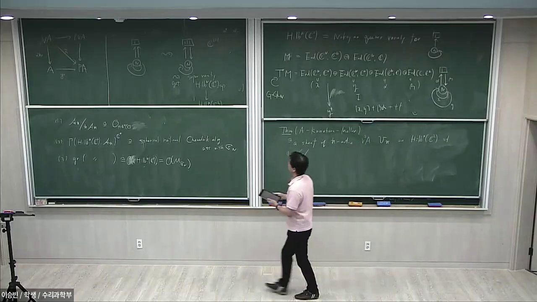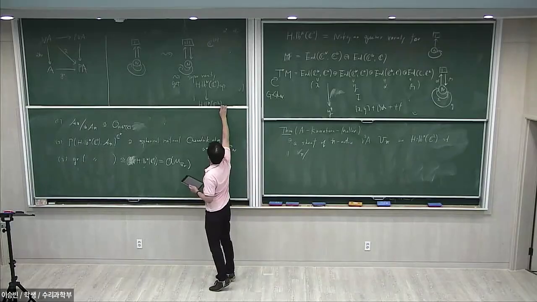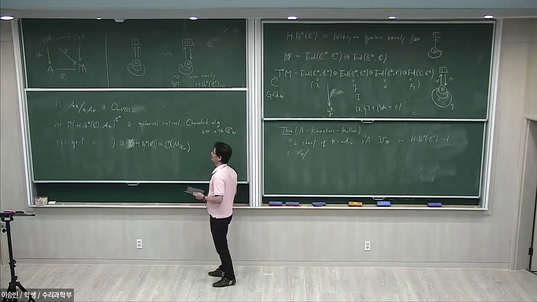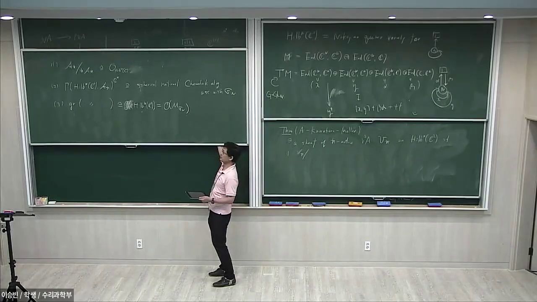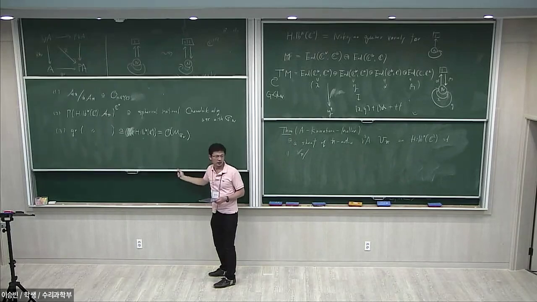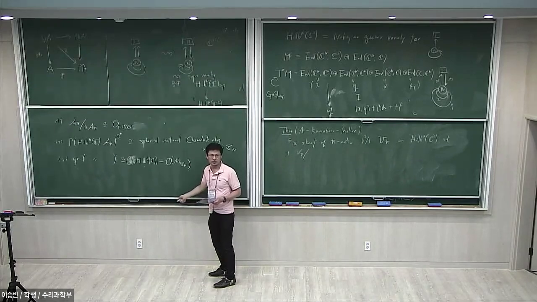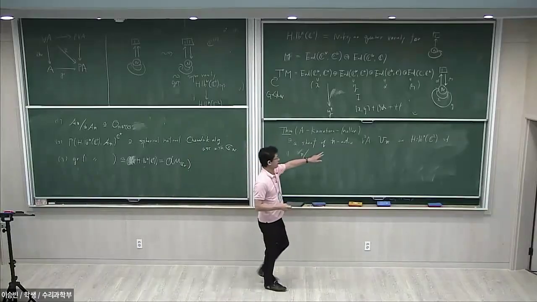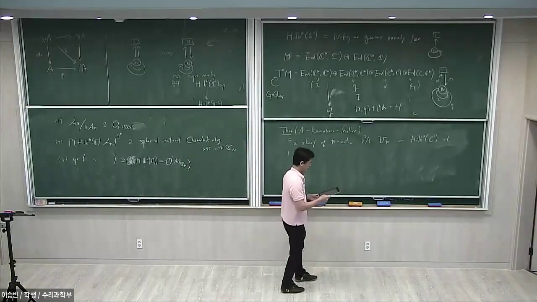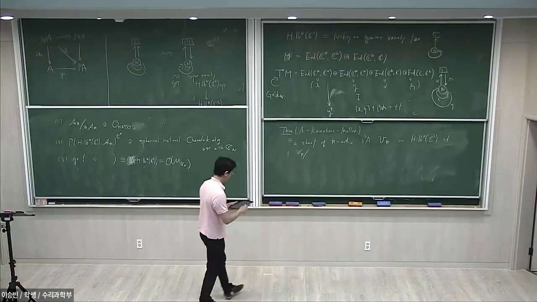No, this super variety as a topological space is the same as the usual variety. It's just that the structure sheaf is super. So here it's the same. As a topological space, it lives on the usual Hilbert scheme.